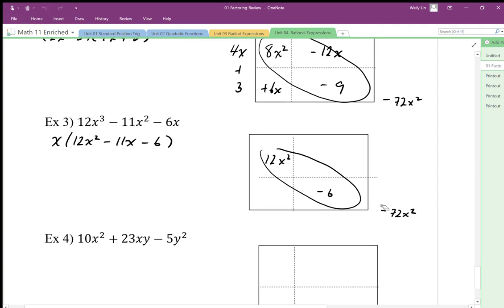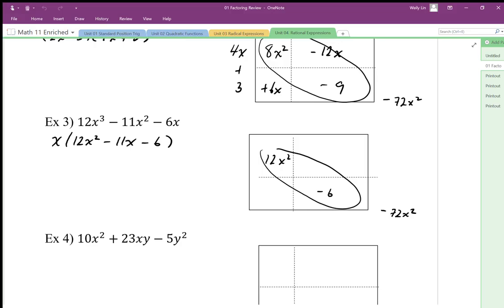That doesn't work. It looks like we don't have any numbers that have a difference of 11 and multiply to 72. We could try 24 and 3. Again, that's just too far apart. And there essentially are no factors that exist.